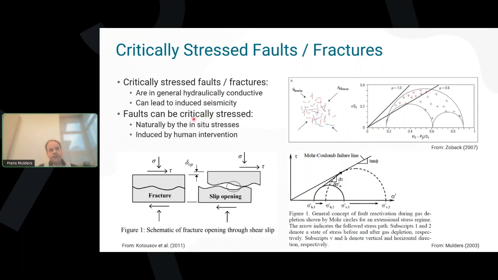Yeah, so faults can be critically stressed naturally, simply by the in situ stresses. So they can be at the edge of failure, so to say, by the natural stresses, or they can be put there by human intervention.